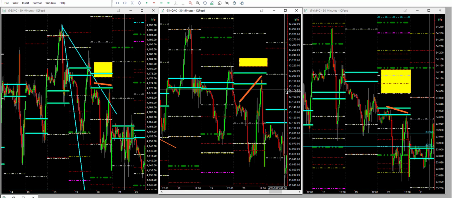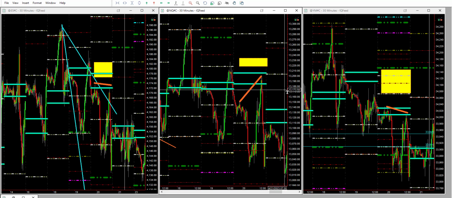So if I ask you the question, which market is out of sync, the question is pretty simple. And it is pretty evident with what I am displaying which market is out of sync. NQ is. It made a higher high.